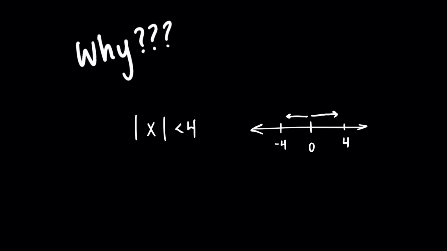Anything in this green zone is fine, right? If you took any point in this green zone and you took its distance to 0, it would be less than 4. But if you get outside of the green zone into the red zone here, then you're going to deal with places where this inequality becomes false, right? Like if you took 5, the distance between 5 and 0 is 5, which is greater than 4.